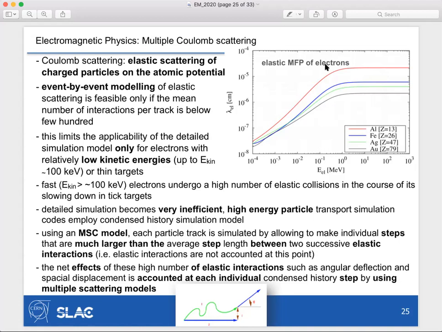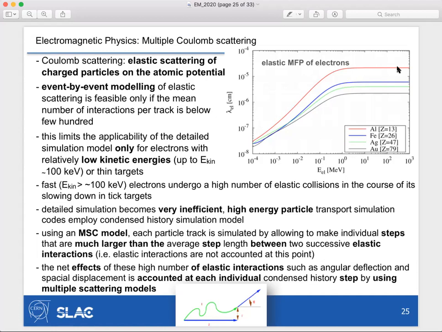And as you can see, after a certain energy it becomes constant, which means that if you have a very high energy electron, it will always travel the same mean distance between two Coulomb scatterings. So if you need to simulate a high energy electron, there will be a very, very high number of Coulomb scatterings that the electron will go through until another interaction, like Bremsstrahlung photon emission or ionization, happens.